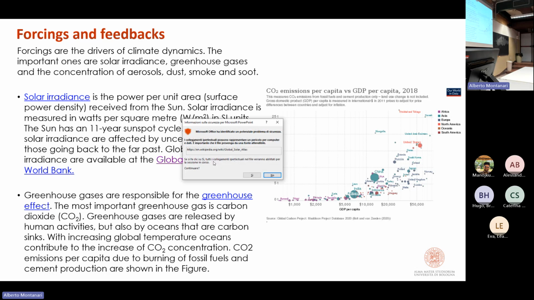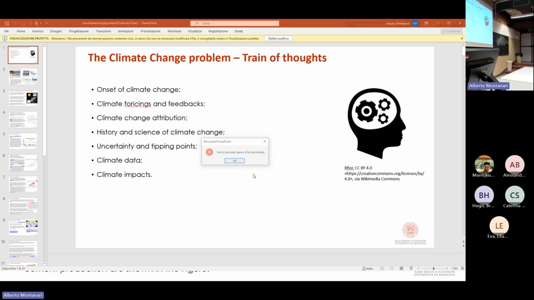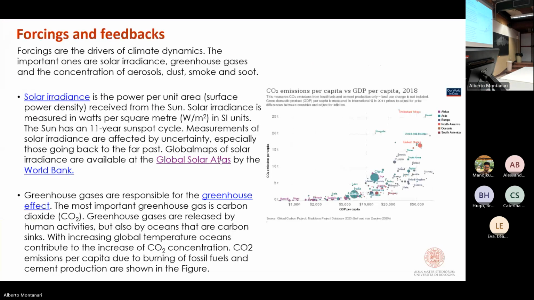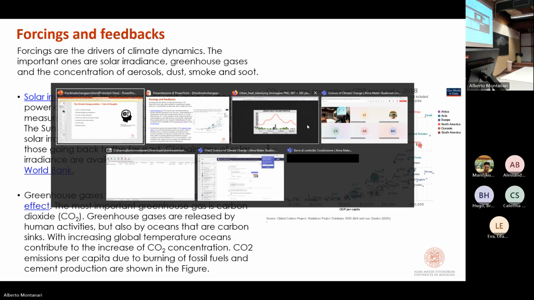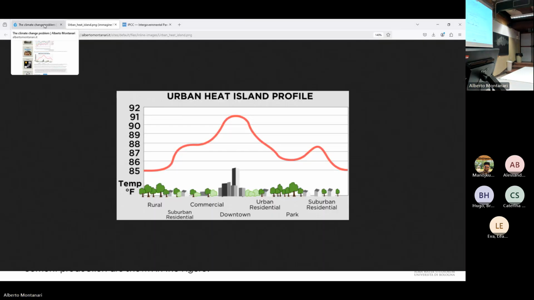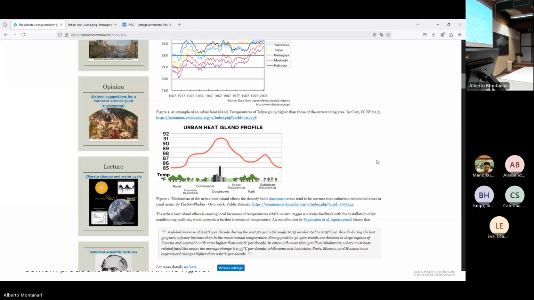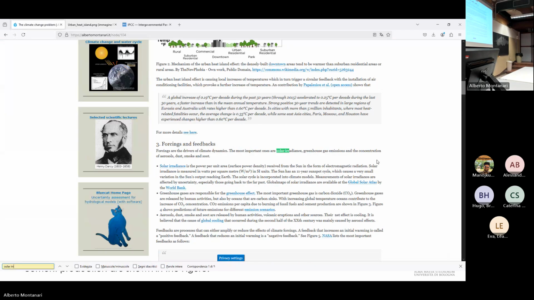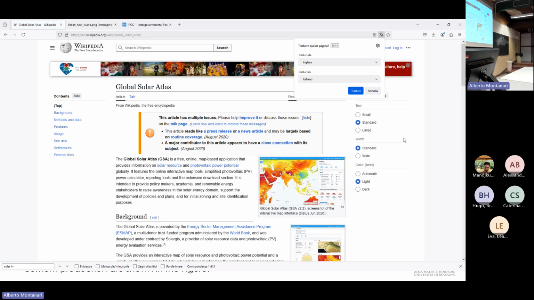And here we can find, I don't know why there is a potential security problem. One second, because it's a Wikipedia page and I don't understand why it's giving a potential security problem. Okay.